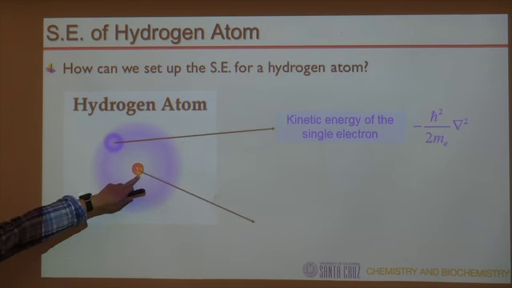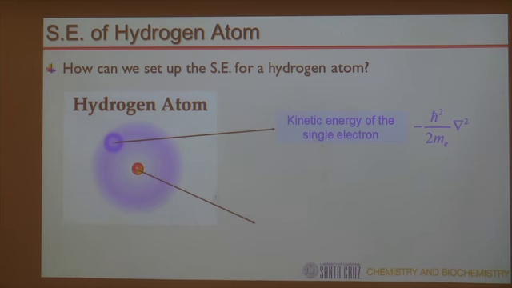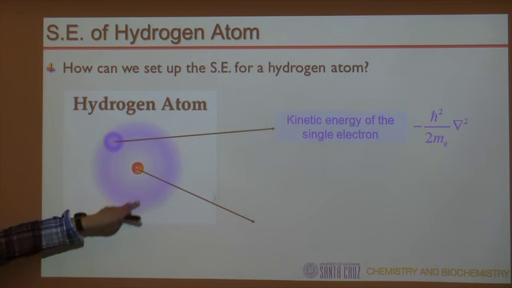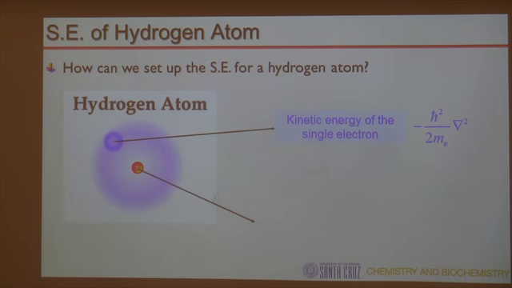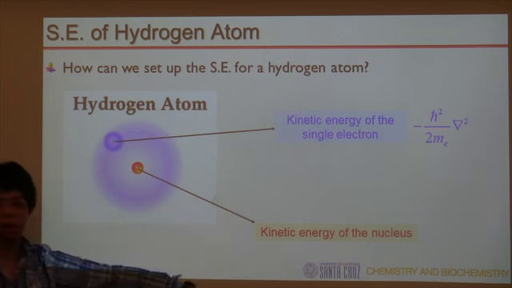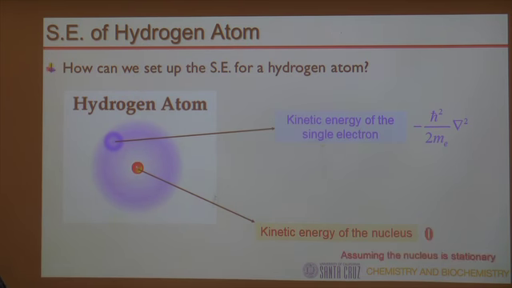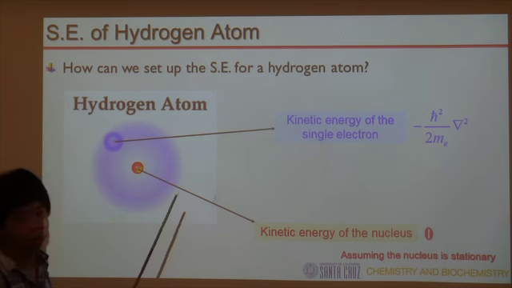One more. How about the nucleus? What kind of energy does the nucleus have, if we just talk about the nucleus itself? Actually, it's still vibrating a little bit. It's not perfectly stationary. But for this case, we assume the kinetic energy of the nucleus is 0 by assuming that the nucleus is stationary.